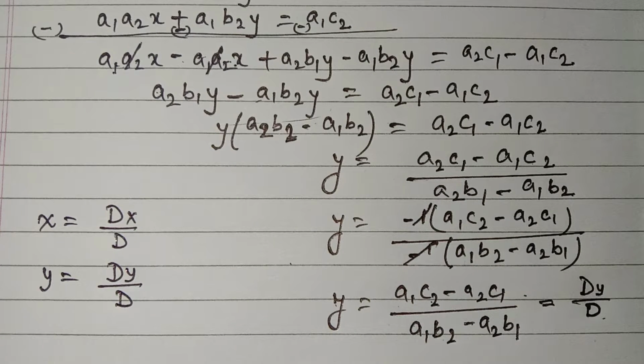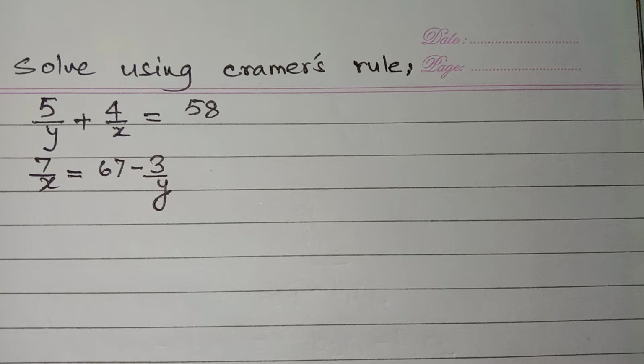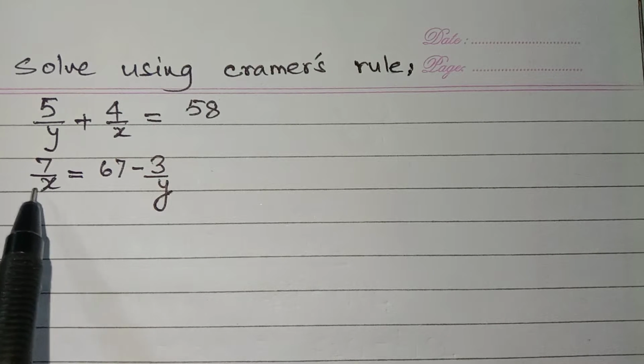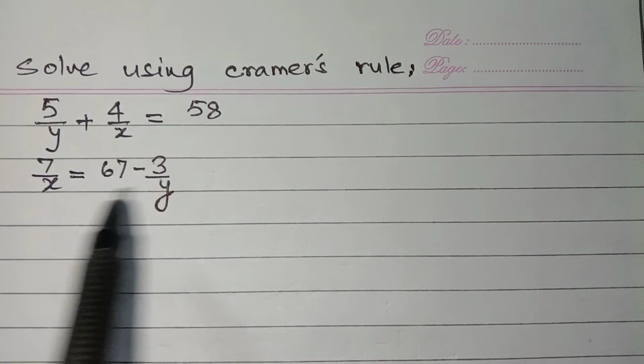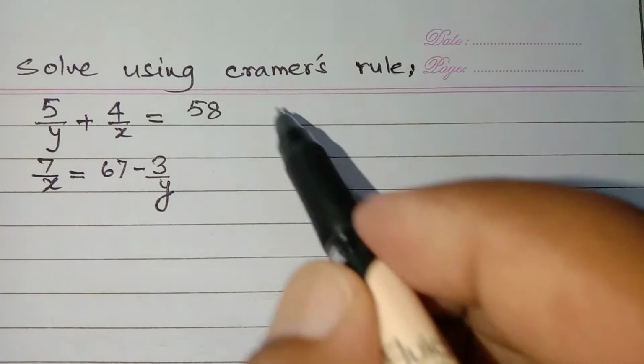Now let's take one example to solve using Cramer's rule. Now we have the question to solve using Cramer's rule. So this equation number 2, let's rewrite this equation because these are not in the standard form.